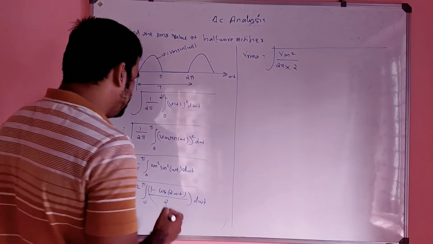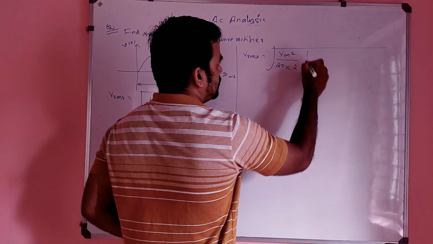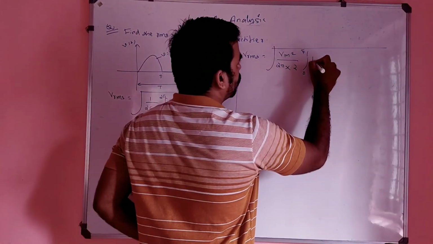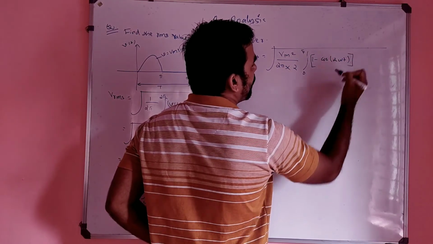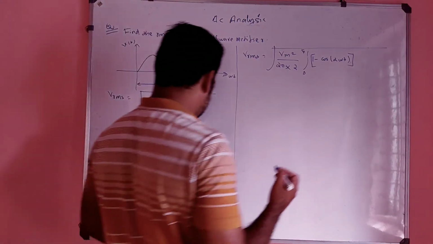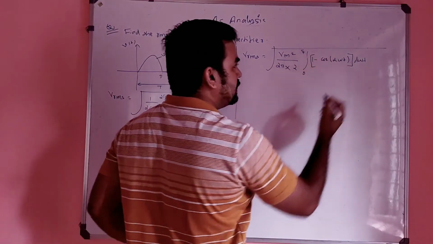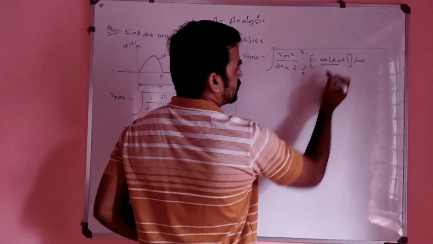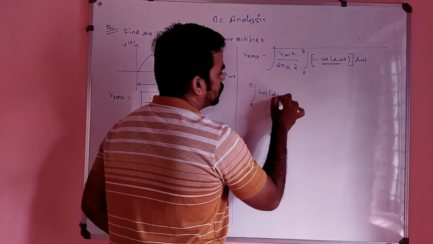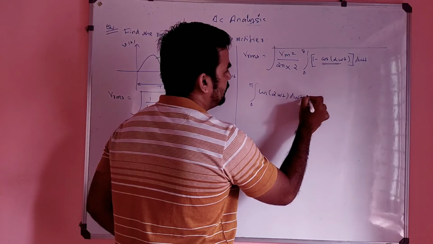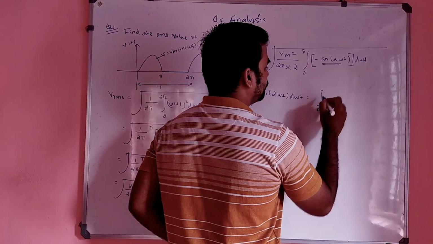So let's start the integration. The integral I can write as integral 0 to pi of 1 minus cos 2 omega t d omega t. Correct or wrong? Let's integrate this separately. First, let's find integral 0 to pi cos 2 omega t d omega t.